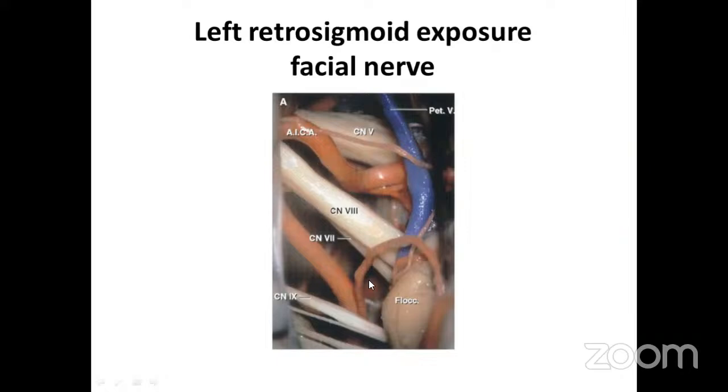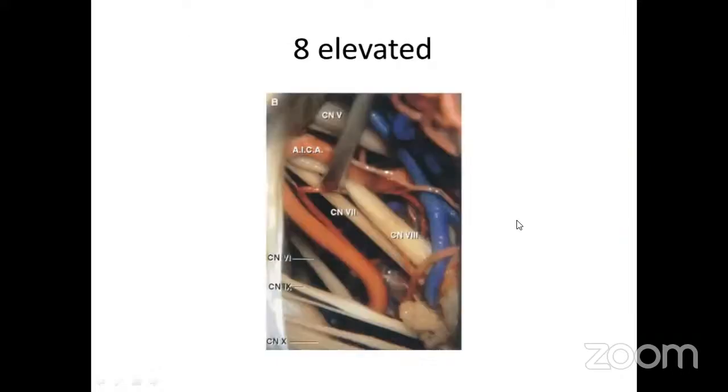The branch that runs with this complex inside the internal acoustic meatus is the labyrinthine artery, and another artery arising from the mid portion of the loop is the subarcuate artery. Here we can see this is the labyrinthine artery that travels with this complex.